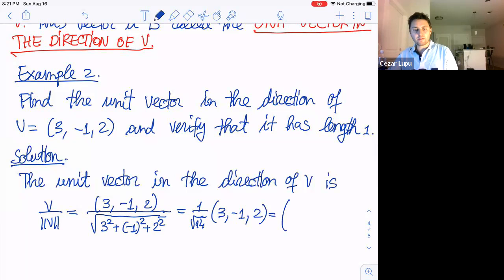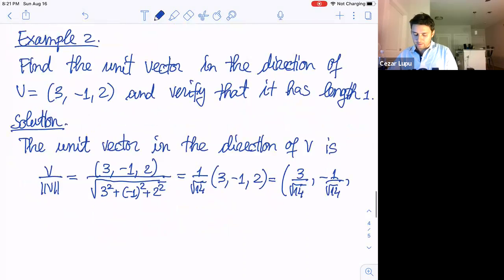If we want to write this as a vector, this will be (3 over square root of 14, -1 over square root of 14, and the last one is 2 over square root of 14). So that's the unit vector in the direction of v.